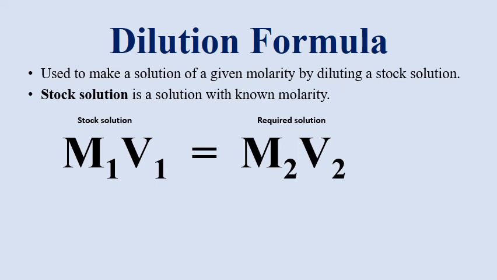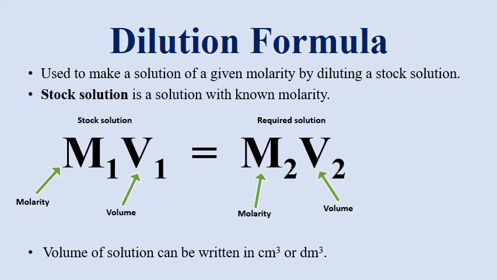M1 represents the molarity of the stock solution and M2 represents the molarity of the required solution, whereas V1 represents the volume of the stock solution that is required to make the dilute solution, and V2 is the volume of the required solution that we need to make.